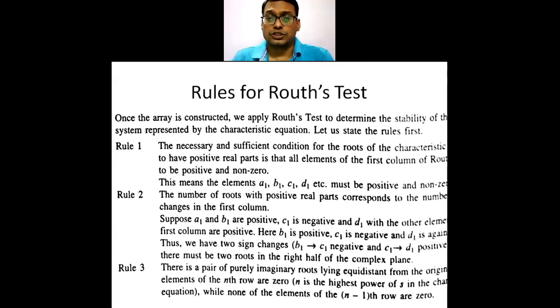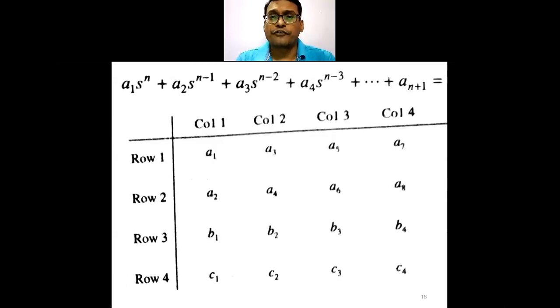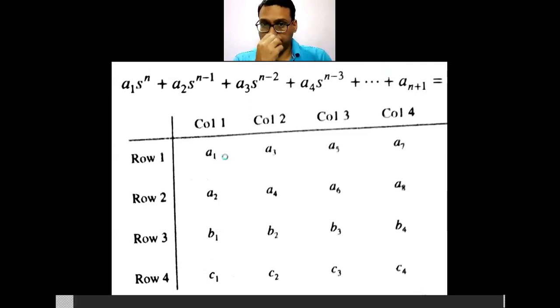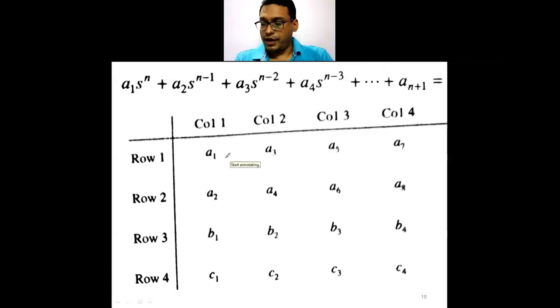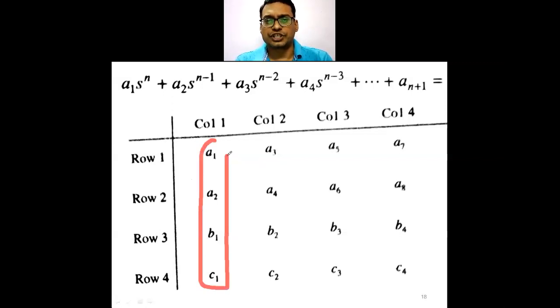Then there are certain rules. The first rule tells that if all the coefficients of the first column are positive and non-zero, then the system is stable for all values of k.